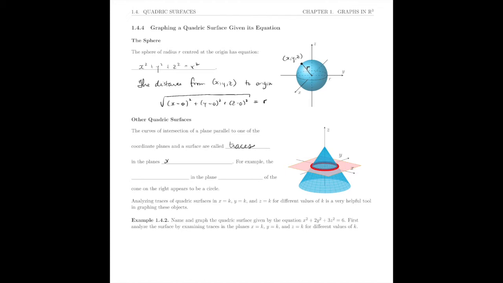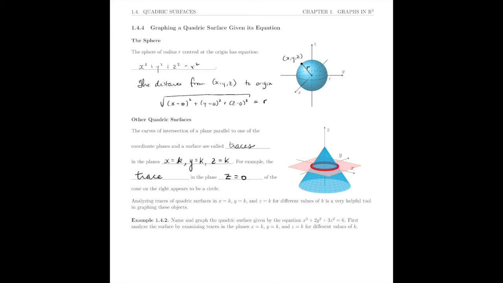If the plane is parallel to the yz plane, it's a plane whose equation is x equals k. Similarly, parallel to the xz plane is a plane y equals k, and parallel to the xy plane is a plane z equals k. For example, on the right, the trace in the xy plane, the plane z equals 0, of the cone appears to be a circle.